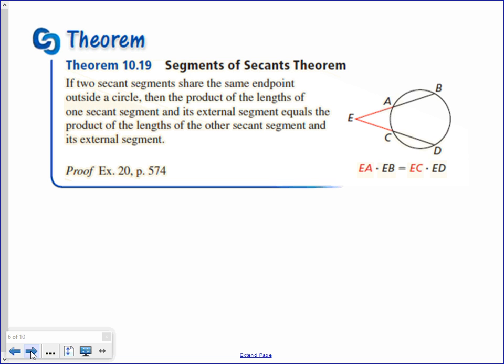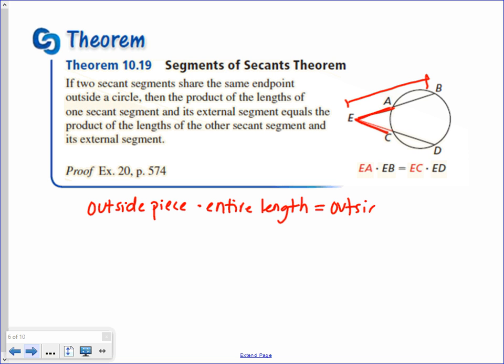So when you have 2 secant segments that intersect, so they both go through the circle and they intersect out here, we have a theorem that says for each secant, the outside piece times the entire length equals, on the other side, the outside piece times the entire length.